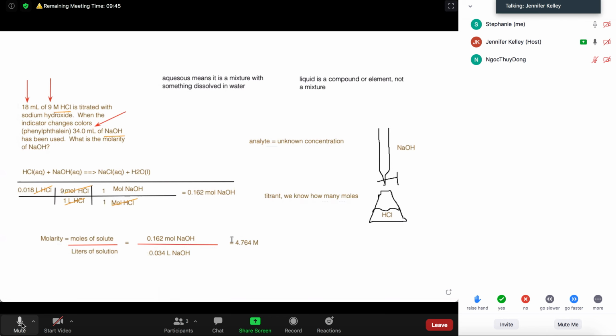Instead of asking the molarity, they might say, how many grams of sodium hydroxide are in 34 milliliters of sodium hydroxide if 34 milliliters of sodium hydroxide is used to titrate 18 milliliters of 9 molar hydrochloric acid. So it's basically asking the same thing, except instead of molarity, it wants grams. So we would go to grams using molar mass.